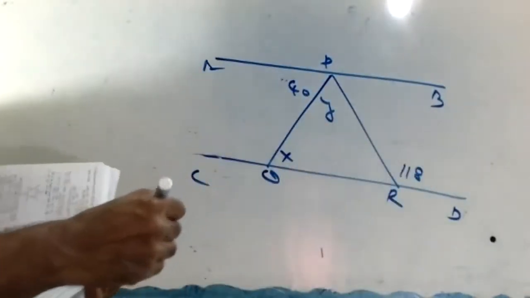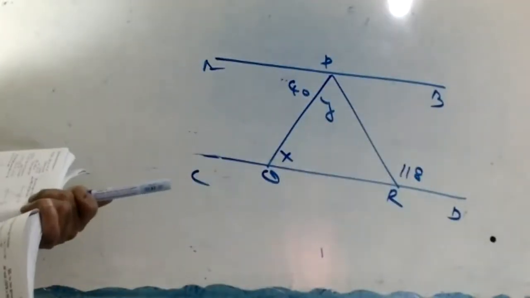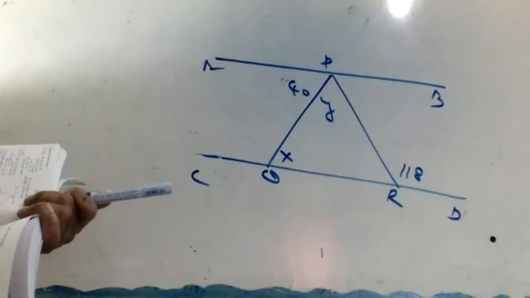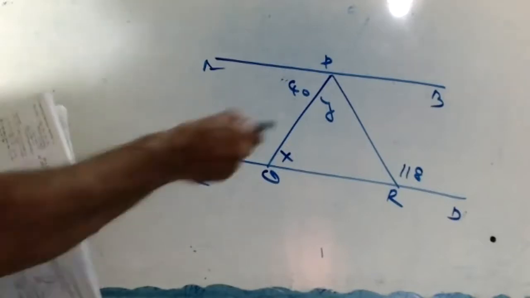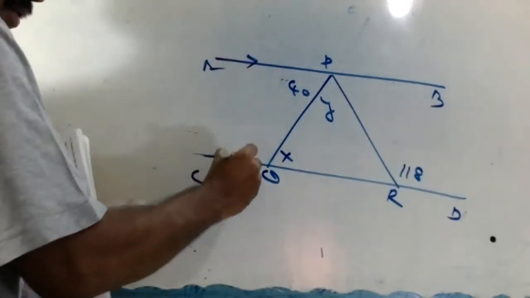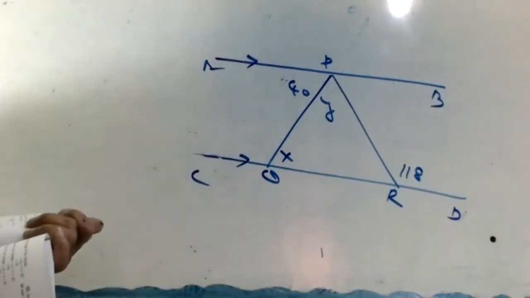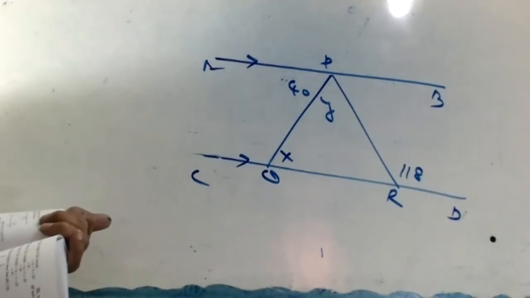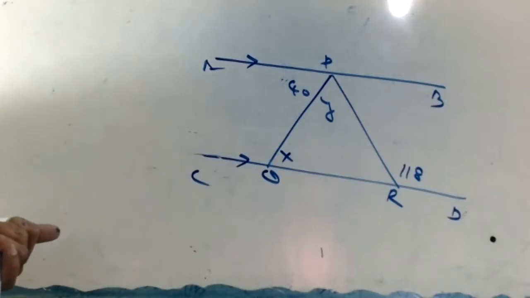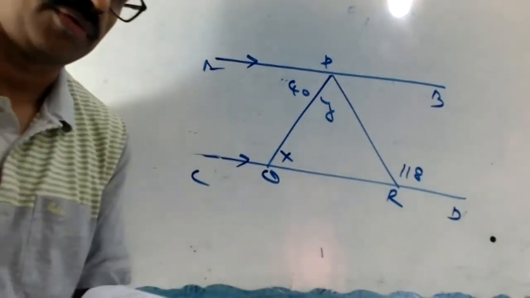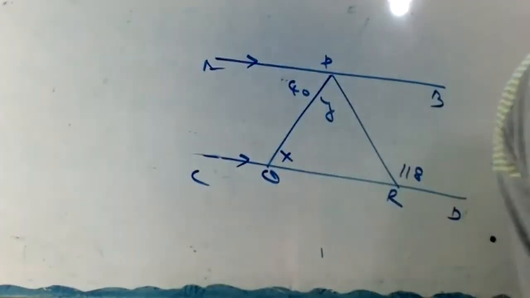Okay, try now. Find the value of X and Y. AB parallel to CD. Angle APQ is 40. PRD is 118. Find X and Y.